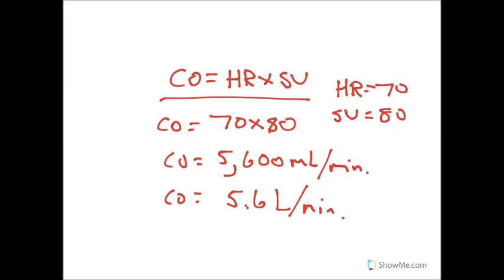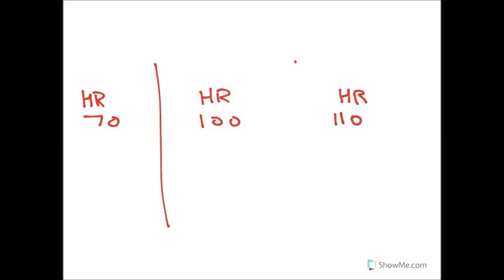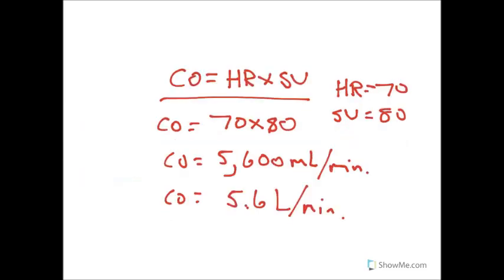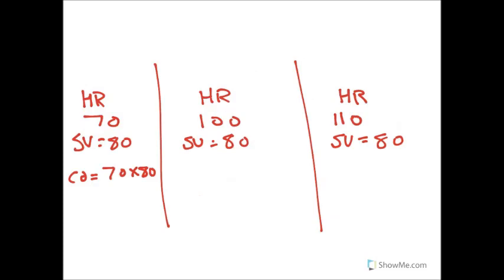But let's keep a stroke volume and look at a couple things here. So we said that 70, 100, and let's do 110 as my heart rate. And what we're doing is increasing the heart rate, having these two as normal heart rates, and use a stroke volume of 80 for both of these abnormal ones, a little higher ones, and see what these things do. So cardiac output here would be 70 times 80, and we do know that 70 times 80 being 5,600 milliliters per minute.